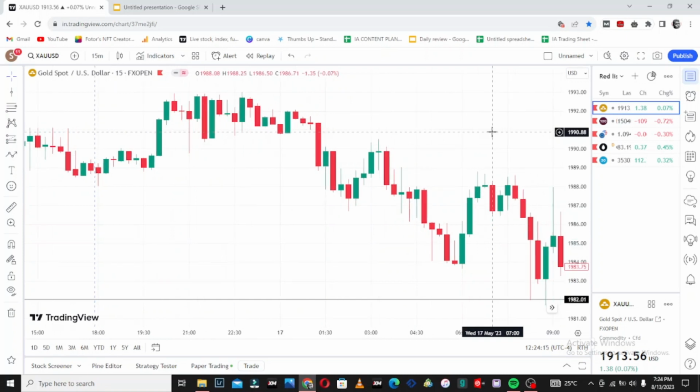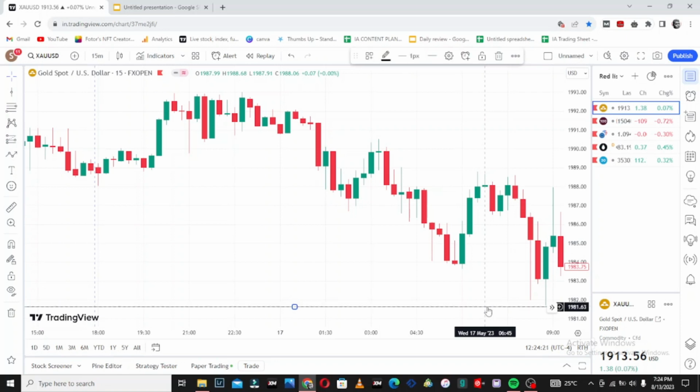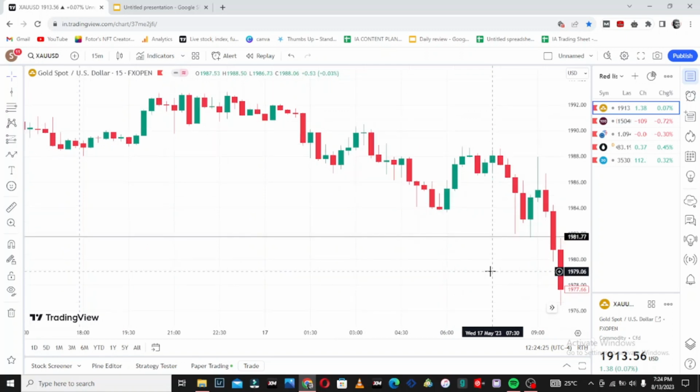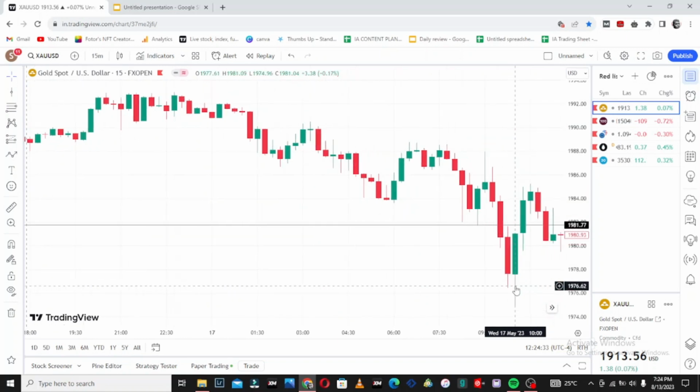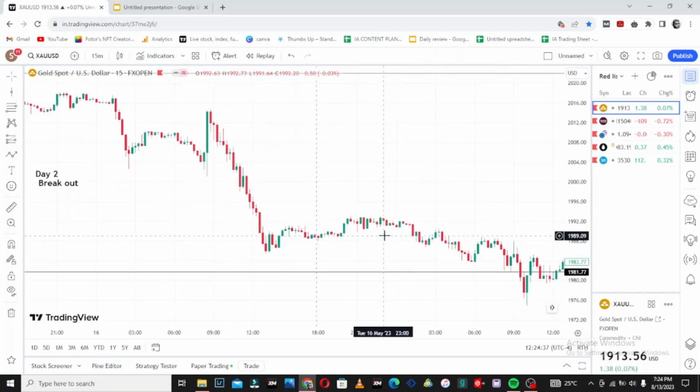So we wait again. If price pins that new low again, we extend our low until we find a clean breakout. Now this is a clean breakout. After a clean breakout, now you can start thinking about looking for your reversal setups. All right, that is clear.